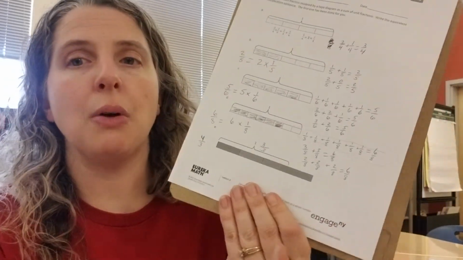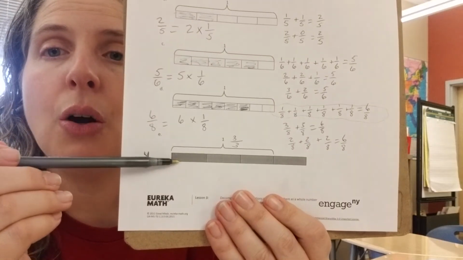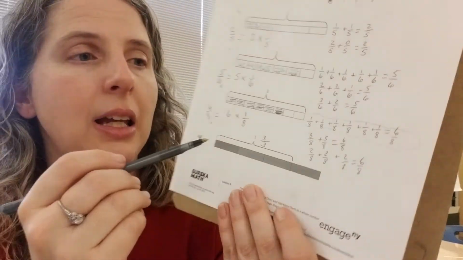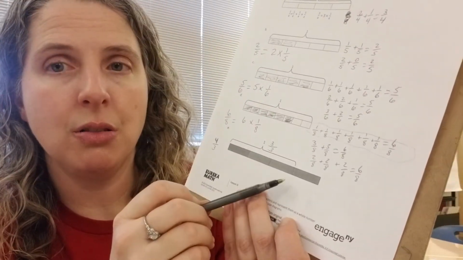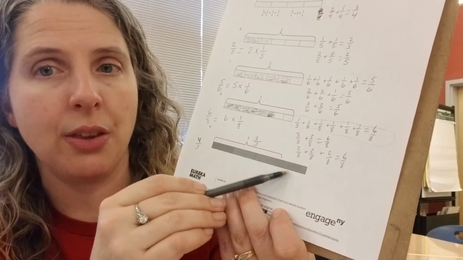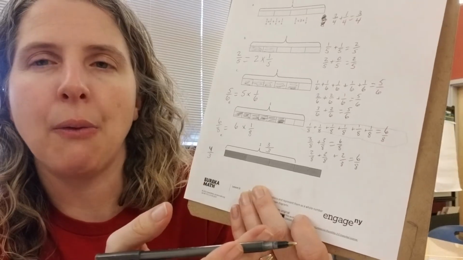So what we're going to do right now, when they're showing us this, we're going to write it as an addition sentence. Okay? So I can write 1/3 4 times over. I can have 1/3 plus 1/3 plus 1/3 plus 1/3 equals 4 thirds. I can do that. How else could I write it?